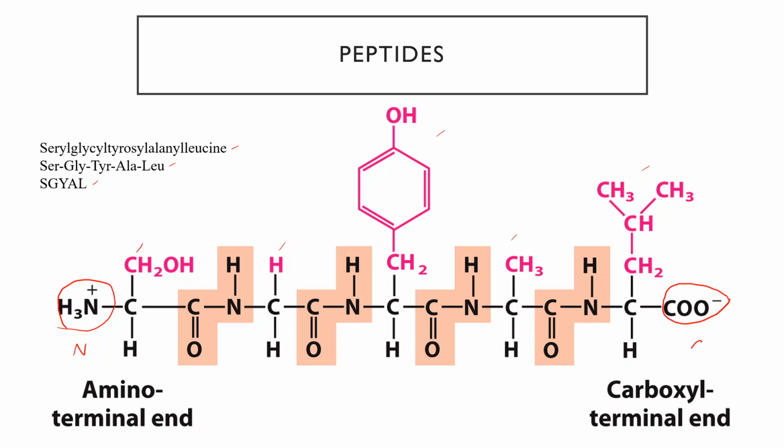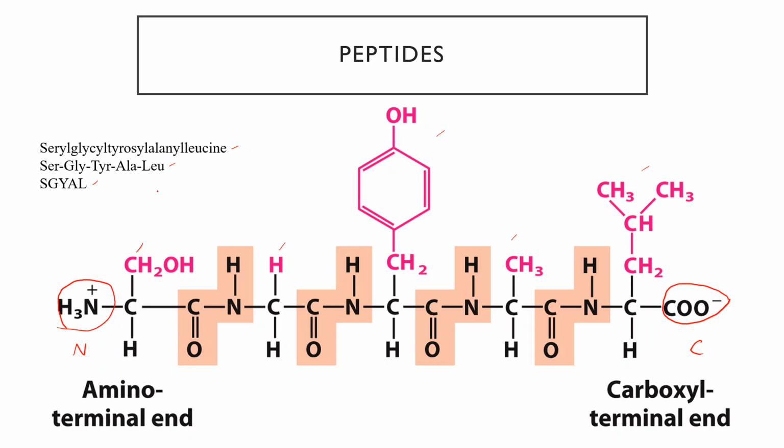And sometimes it's also just referred to as the C terminal. By convention, whenever we write out the amino acids in a peptide, we start with the amino terminal first and then end with the carboxy terminal. So in all 3 cases here, we have serine listed first to the left, then glycine, tyrosine, alanine, leucine, and leucine is last because it is the carboxy terminal.